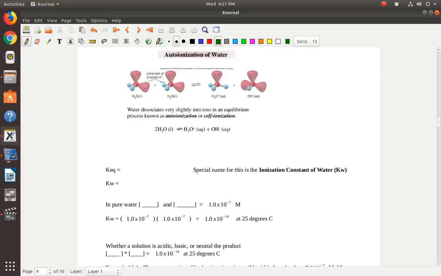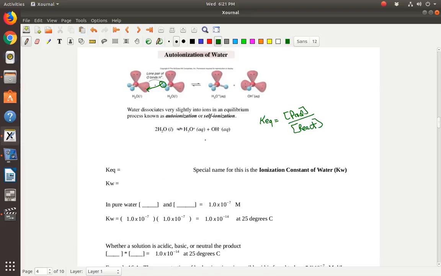One of these hydrogens is going to come and be attracted to those electrons right there, and you have left over just the hydroxide ion. But let's write the equilibrium constant for this. Remember that the equilibrium constant is the products divided by the reactants. We just learned about that in the previous chapter.